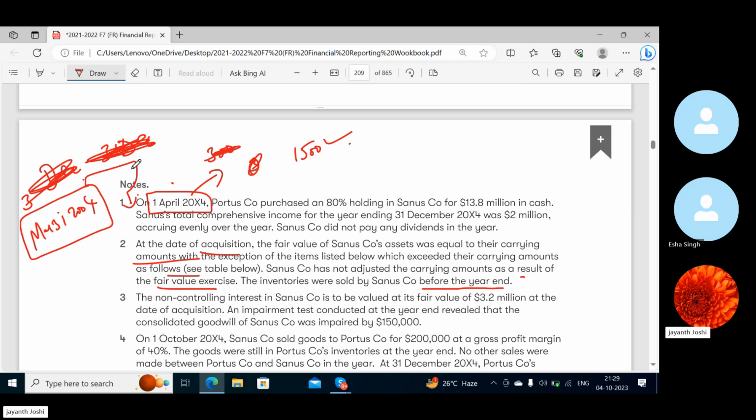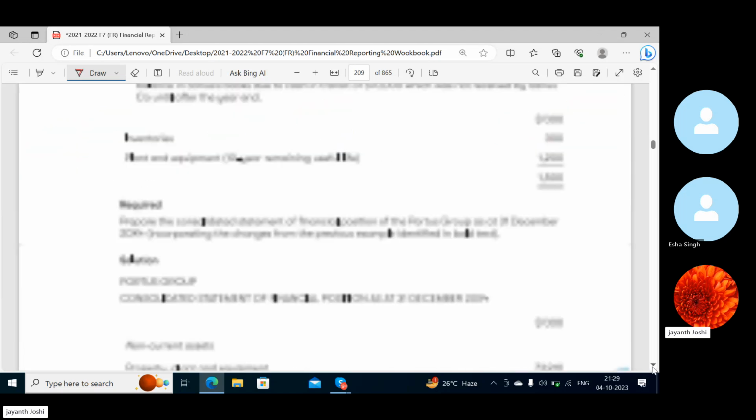So whatever the assets were shown in the balance sheet, that amount and the market values were the same, only for these assets, inventory and PPE, the values were higher by this much.